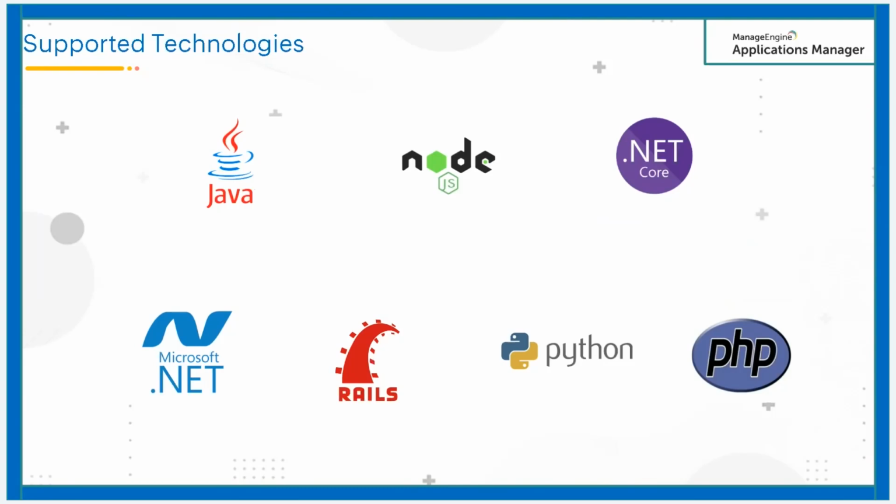Complete end-to-end transaction monitoring across your entire web application will help you avoid performance issues. Also, you can analyze the root cause of problems much faster by performing first-level troubleshooting. The supported technologies in APM Insight are Java, Node.js, .NET Core, Microsoft .NET, PHP, Ruby on Rails, and Python.